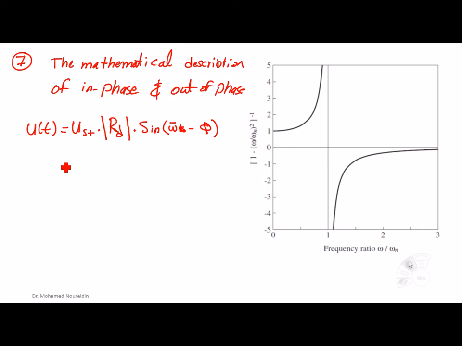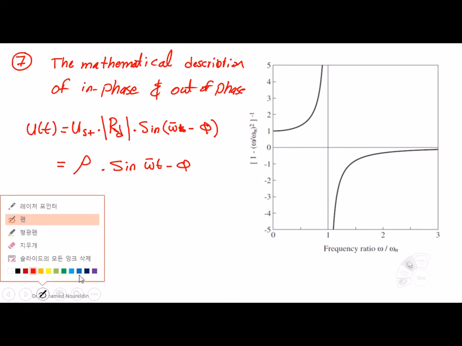This is the angle which represents the in phase and out of phase condition, and we can put this equation again in this form: rho, which is the amplitude, times sine of omega bar t minus phi.